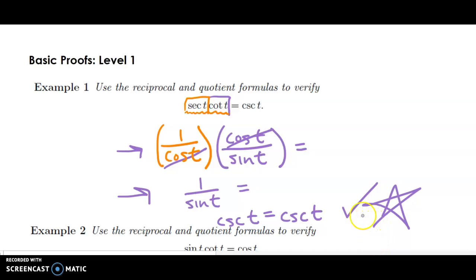Feel free to be creative. One thing that we will talk about in class tomorrow is writing QED, which I believe in Latin means it has been satisfied. We have proven this. It's been satisfied. And you're also fine to write that. You will see that in a lot of upper level math textbooks for proofs that have been finished as their sign off.